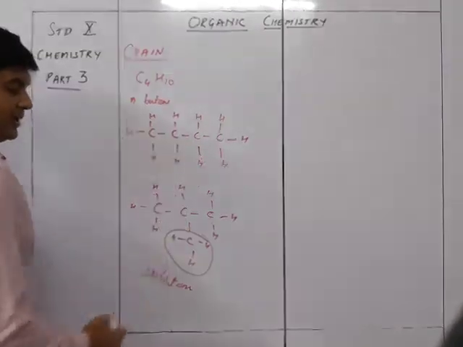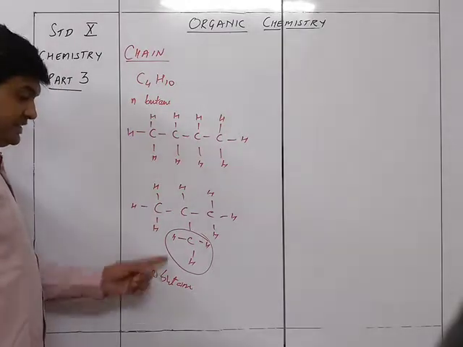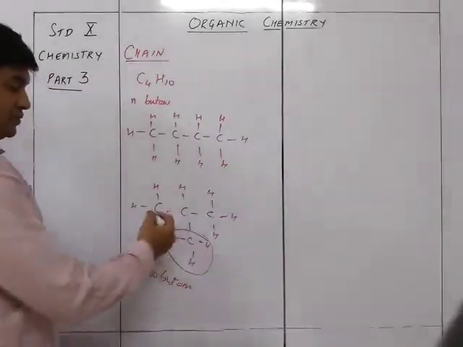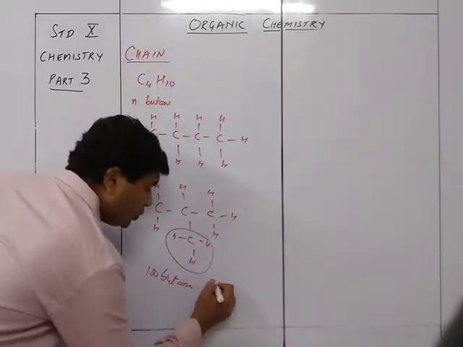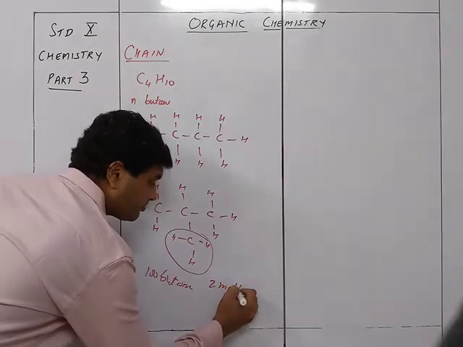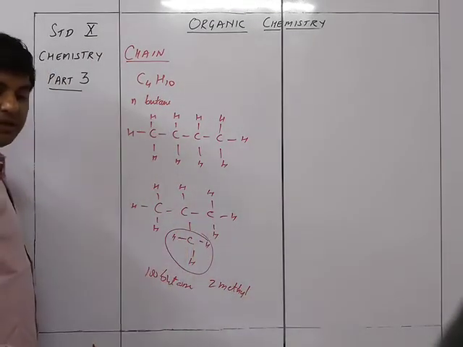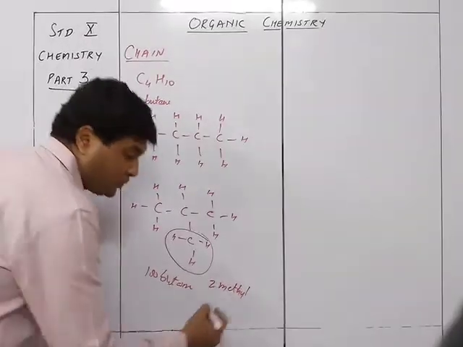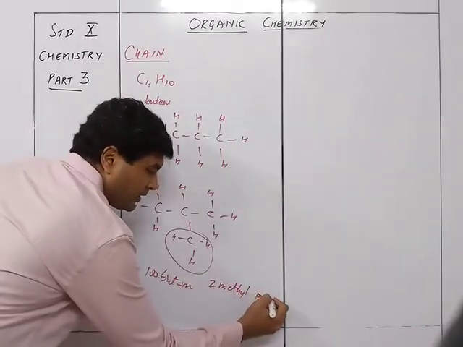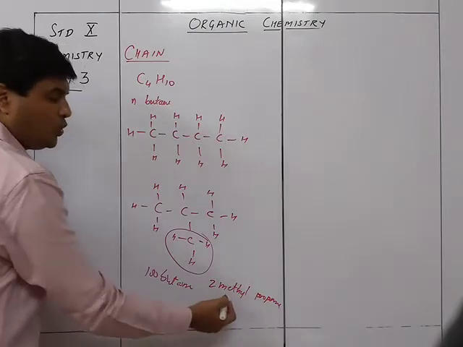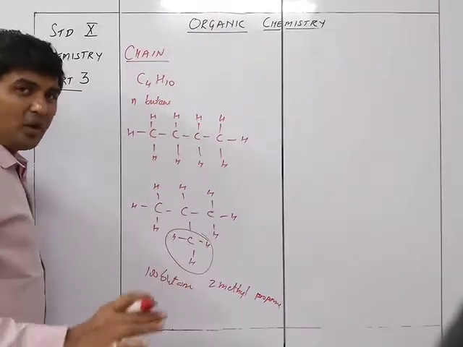This is the methyl group, CH3. This is one carbon in the branch, so it is 2-methyl. The main chain is of 3 carbons, that is why it is called propane. How we get this 2 and all, I'll tell you when we see the nomenclature part.